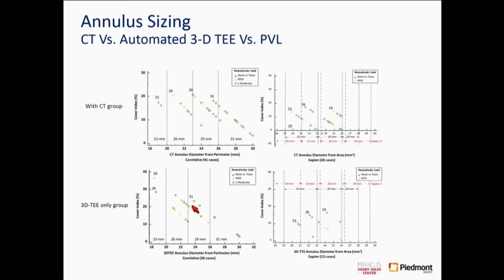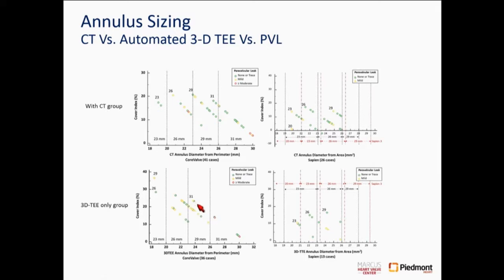In the 29 valve group, however, you can see about 50% of the patients had a smaller valve than was predicted by 3D TEE. So clinically, these patients ended up having a smaller valve.